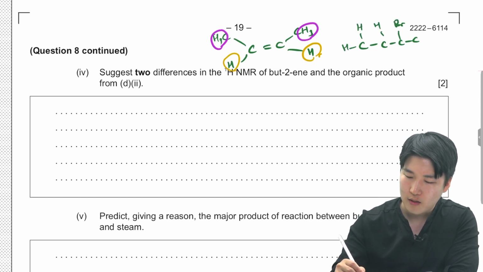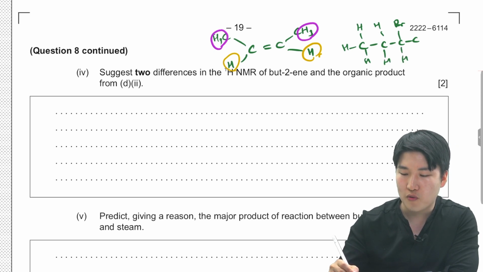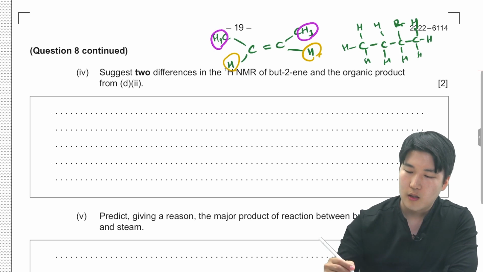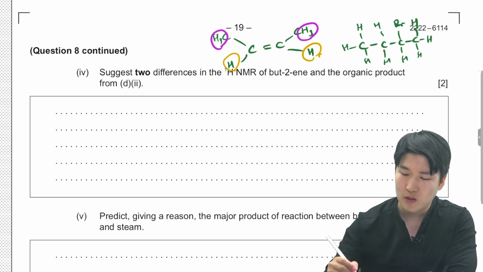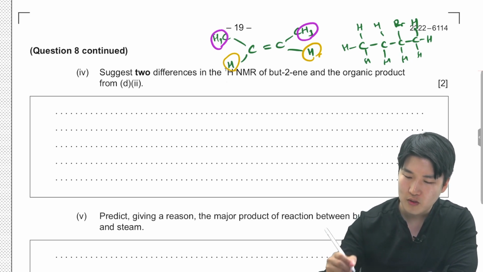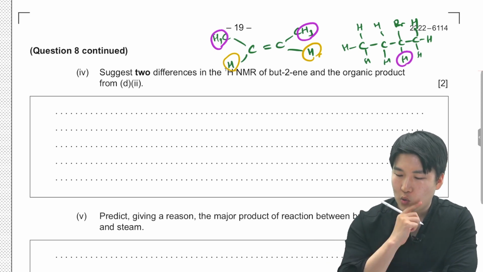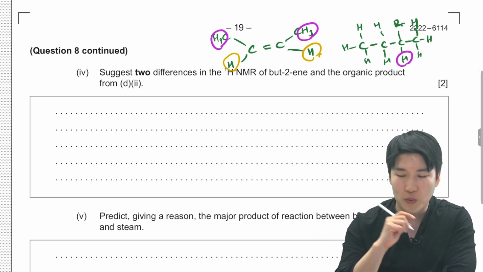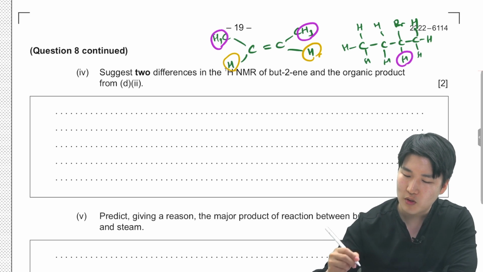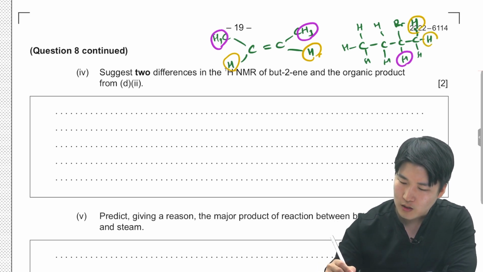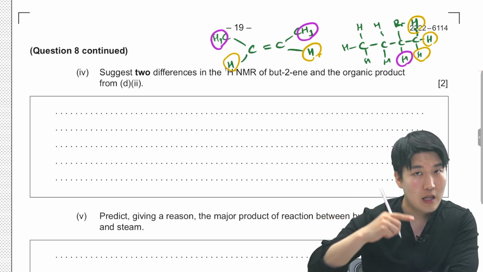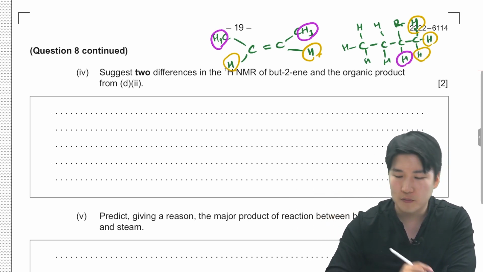where firstly there are more hydrogens, and we've got more distinct hydrogen environments as well. The first hydrogen environment would be closest to the bromine. The second hydrogen environment would be the CH3 that is bonded to CHBr.